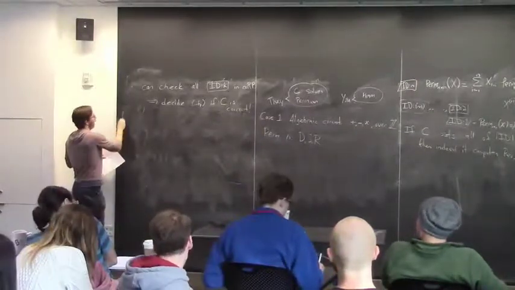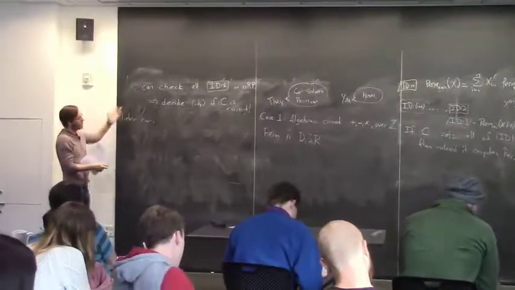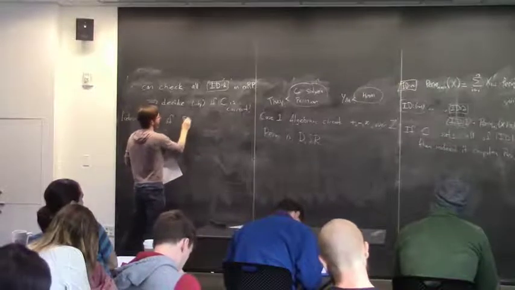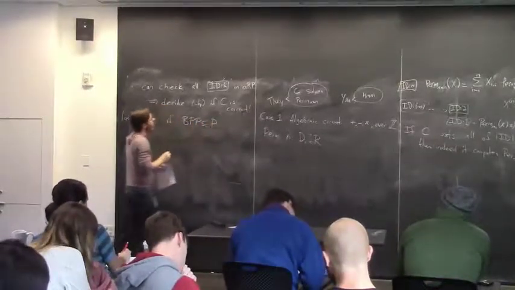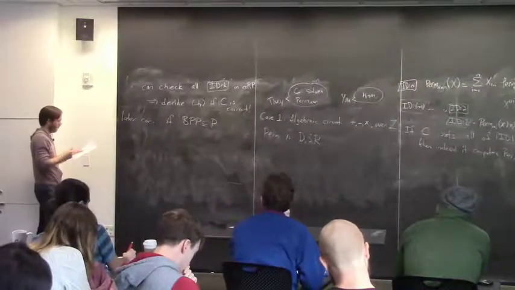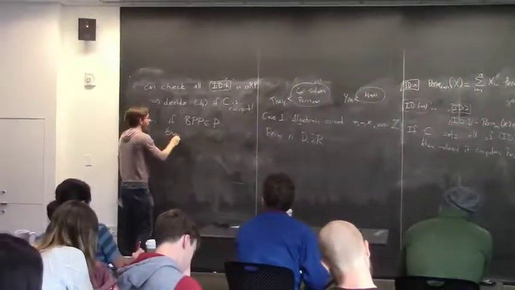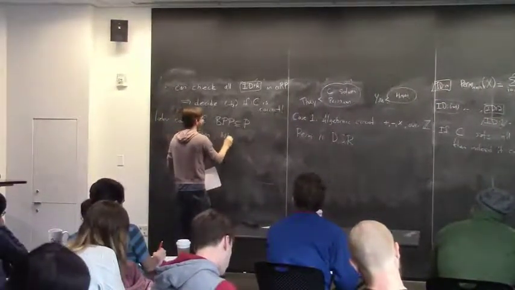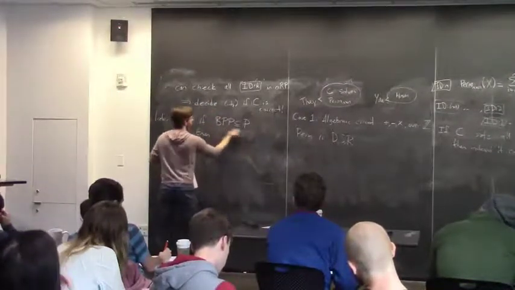A later corollary that we will derive from precisely this fact is that if derandomization holds, so if BPP is equal to P, this becomes a deterministic algorithm in that case, then you can get circuit lower bounds for NEXP.